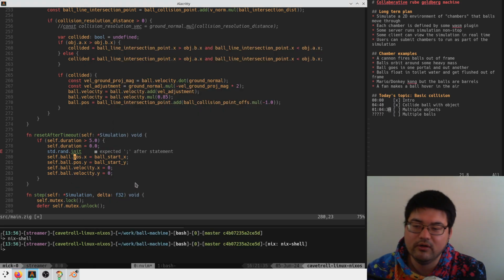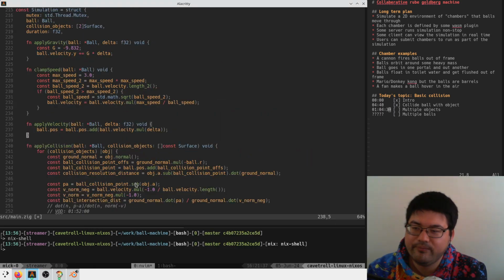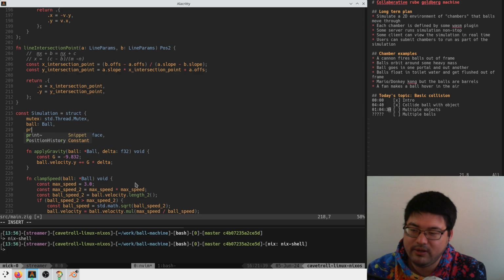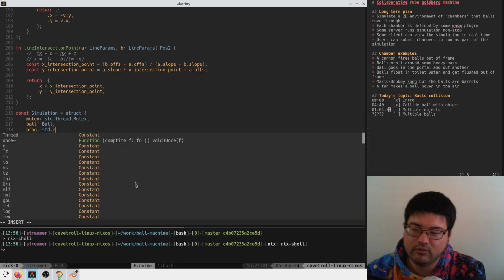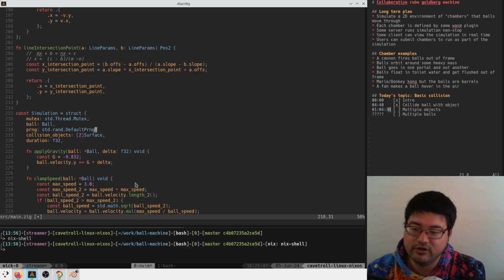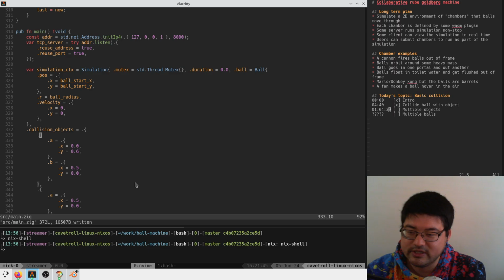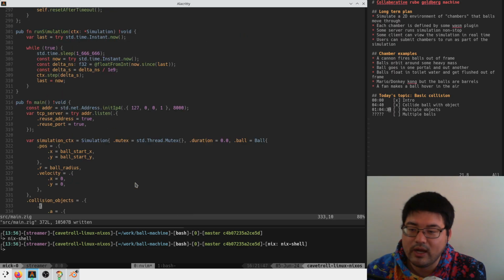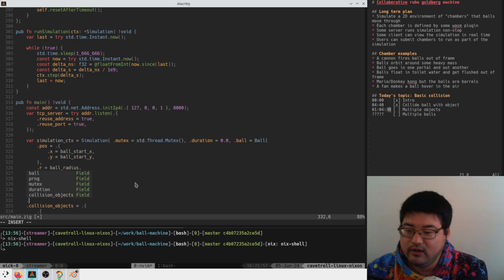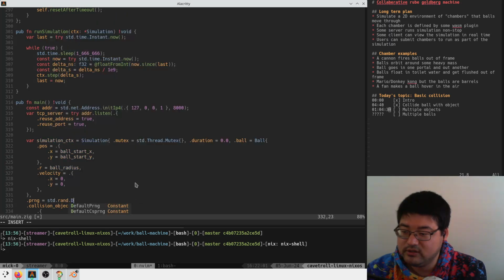Okay, thank you. So I can just say const PRNG is std.rand.DefaultPRNG, and then here on initialization, we can create a new RNG seeded with whatever. It doesn't matter. So here we can just say RNG is std.rand.DefaultPRNG init with 0.